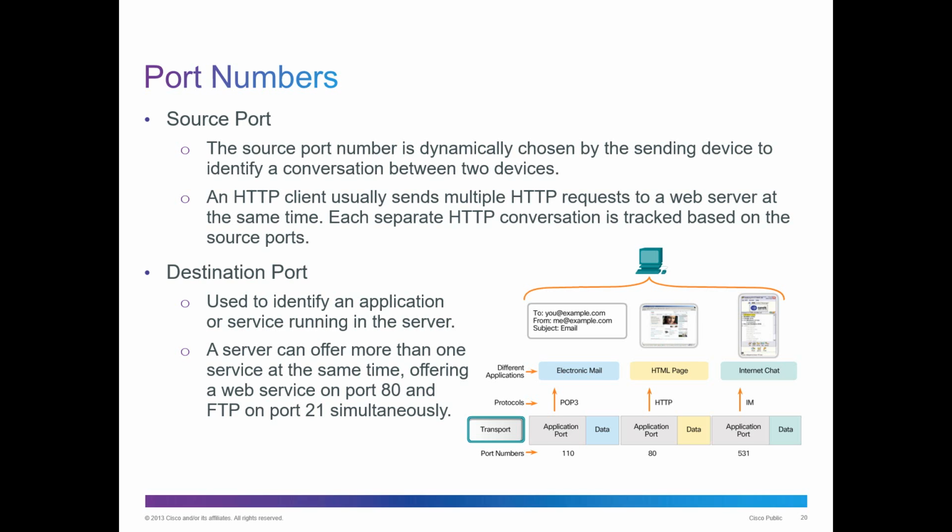The destination port is going to be assigned for the specific application that you want, whether it's HTTP, FTP, POP3, SMTP, whatever protocol you're requesting information from or trying to establish communication with. Now, you might be processing multiple HTTP conversations at the same time. Maybe you've got two web pages running at once.